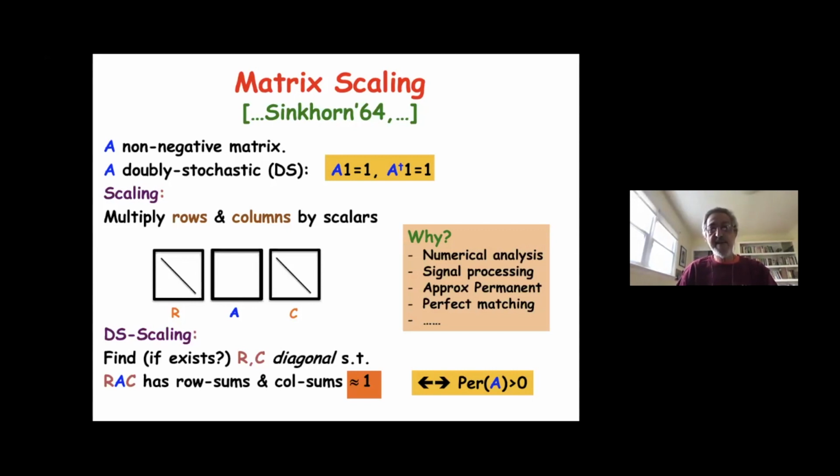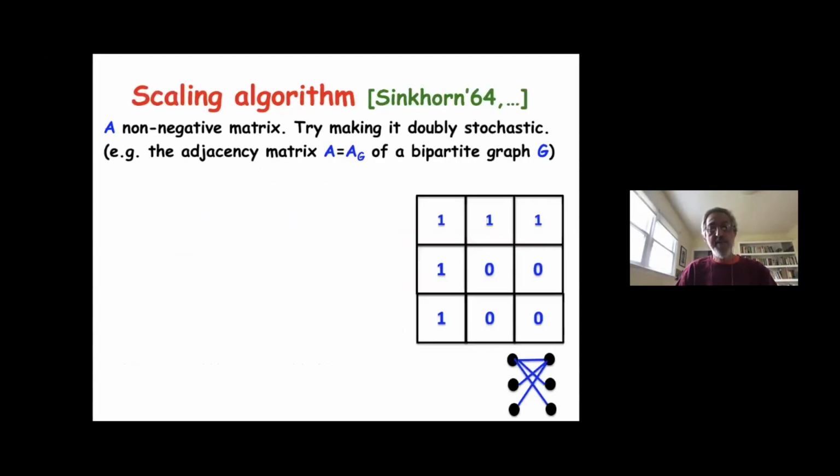So people scale matrices all the time. People who do linear algebra on computers scale matrices before they solve them, and so on. So there are many reasons to scale matrices, and that's what we want to do now. And if we do it, we'll also solve the perfect matching problem. So let's look at this problem.